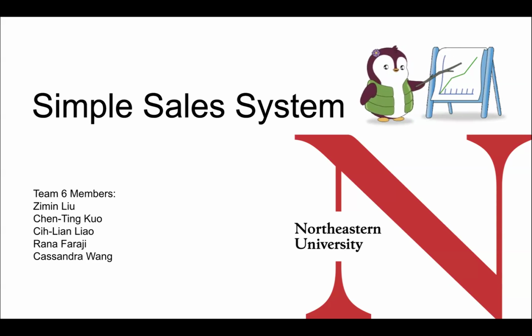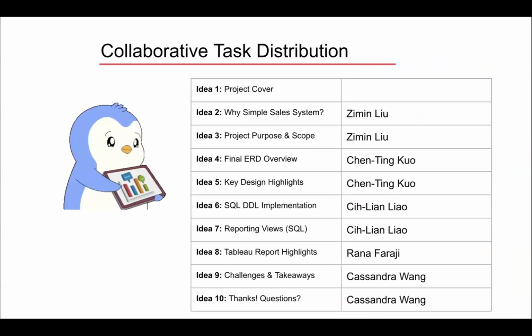So here is a quick roadmap of what we'll cover today. First, Min will talk about why we chose this idea and what our system is built to do. Then Zhenting will walk you through our ERD and key design decisions. Then I'll take over to explain the SQL DDL part, the main tables, constraints, and some cool logic we added.